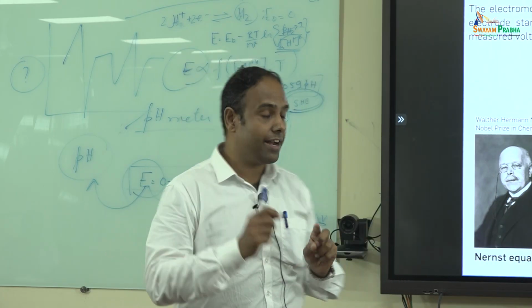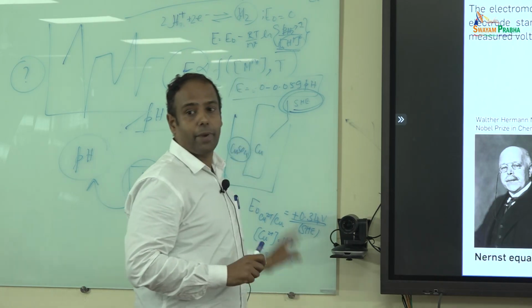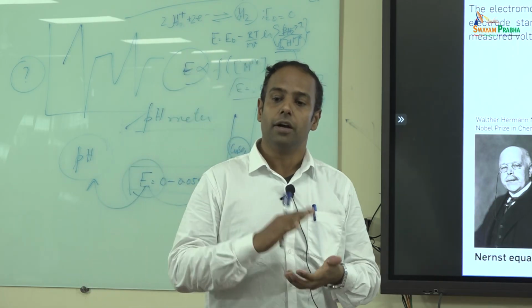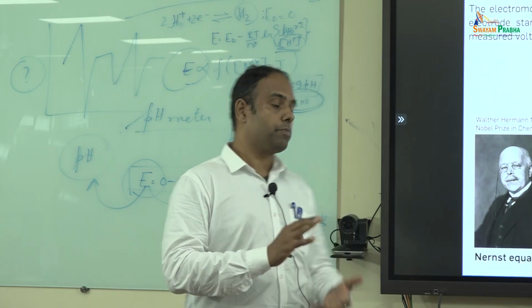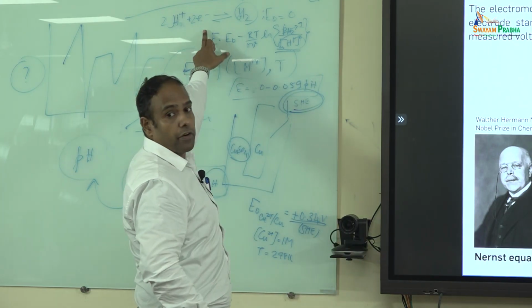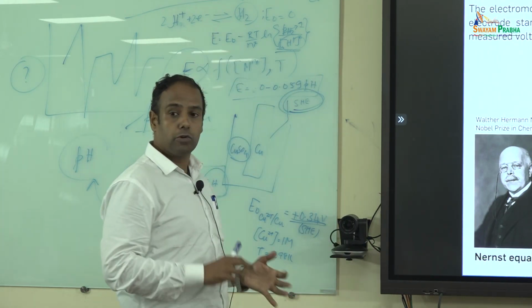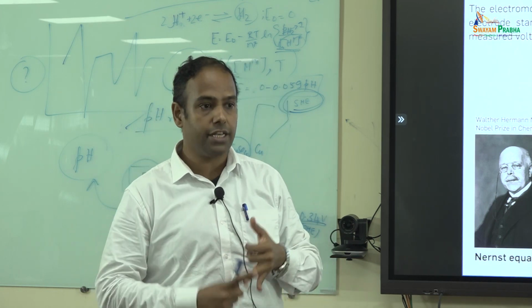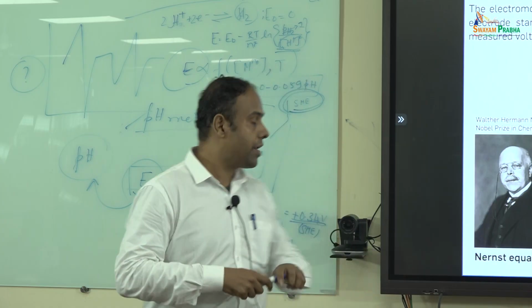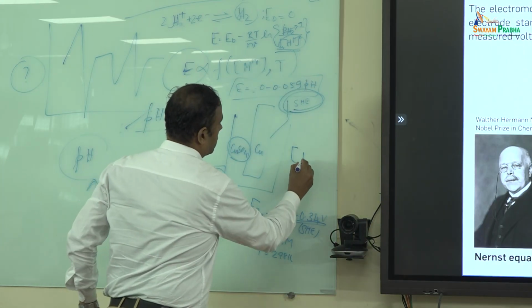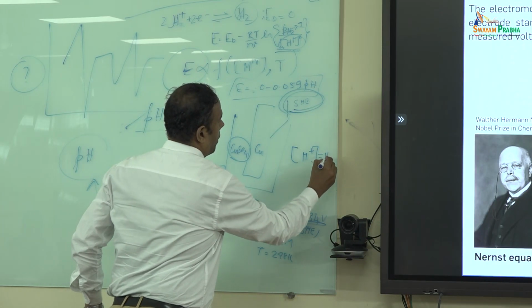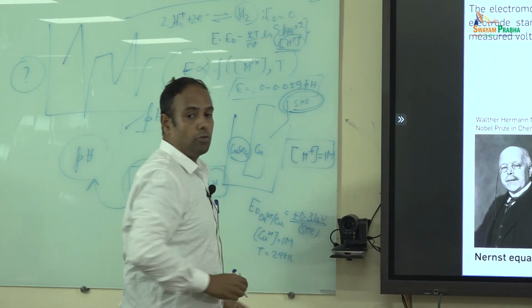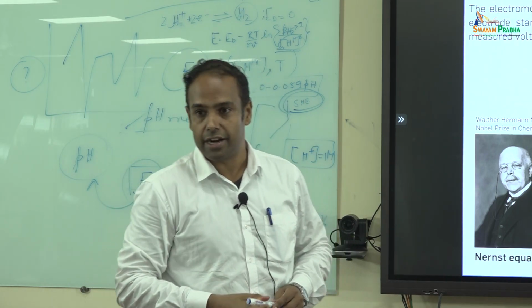For a hydrogen electrode, it is not mandatory to use only platinum, but most often platinum is preferred because of its catalytic activity for the hydrogen reaction. But you can use gold also, and it is not mandatory that you use only HCl or perchloric acid. The requirement is only that the proton concentration should be 1 molar. Until you maintain this, you will be able to say that this is a standard hydrogen electrode.